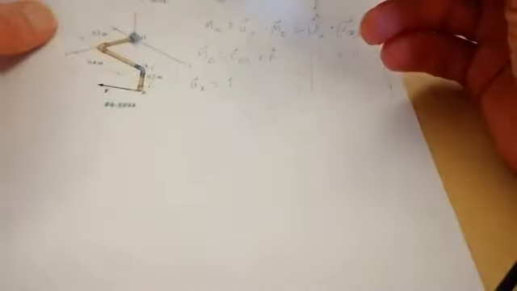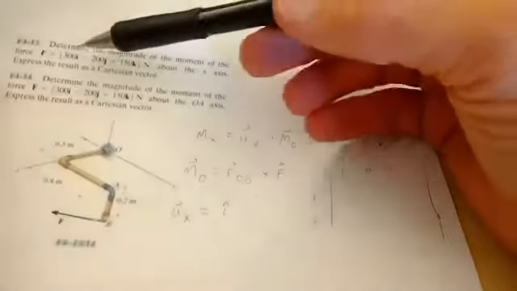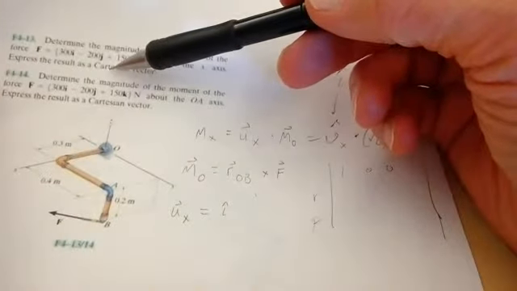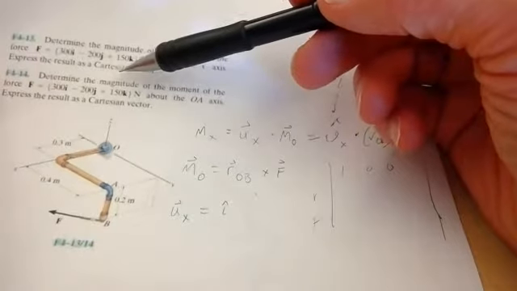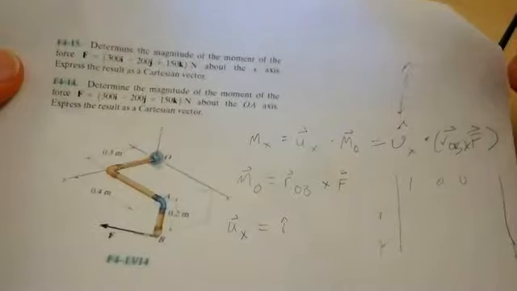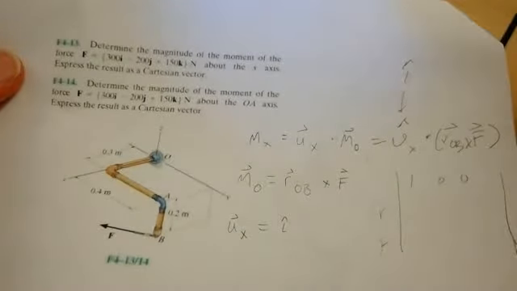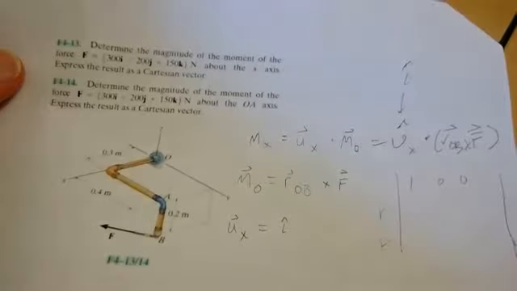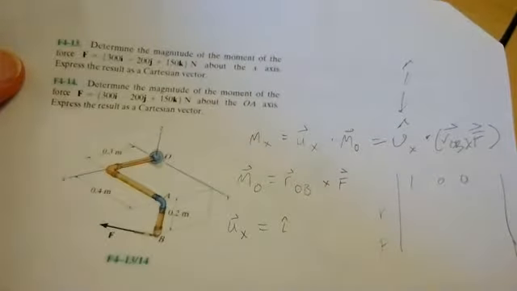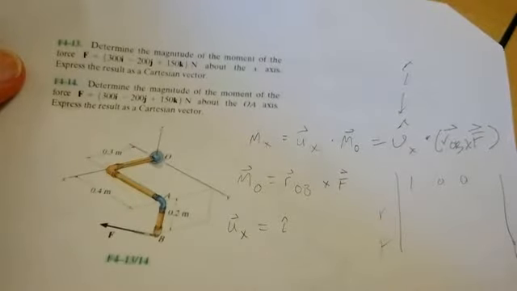And then to find the result as a Cartesian vector, you've got to take it one step further and multiply it by its direction, which is what? The unit vector of the force? No, it's not the unit vector of the force.